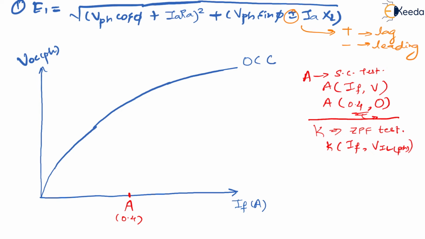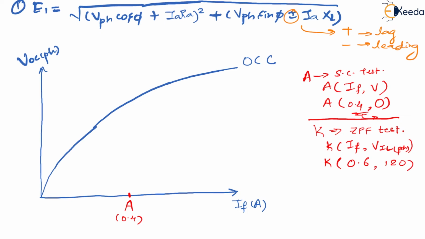No, that should not be done. Please remember this. Anyways, let us consider this point K to be 0.6 comma 120, just for the time being. These are just assumed values, no calculation has been done.